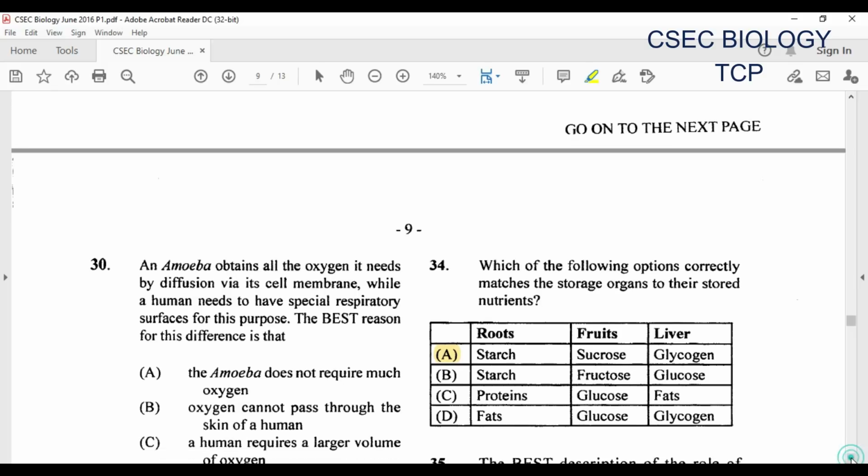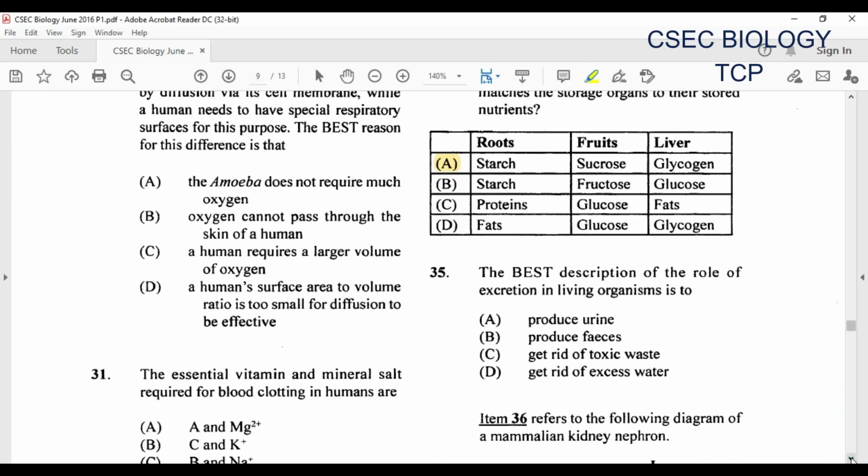We move now to question 35. The best description of a role of excretion in living organisms is to: A, produce urine. It's not only urine that's produced. B, produce feces. Feces is not an excretory matter, it's an ingested material. C, to get rid of toxic waste, that is plausible.